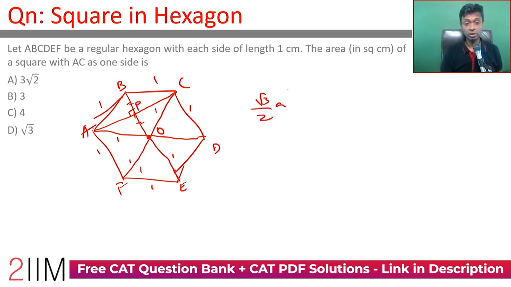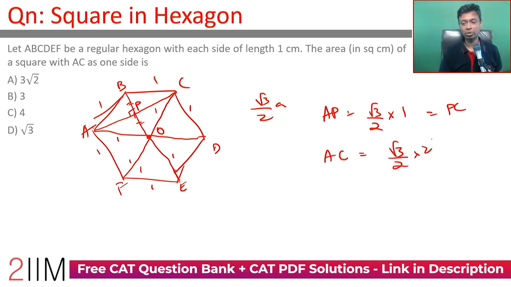So we call this P. So AP equals root 3 by 2 into 1, which is PC, or AC measures root 3 by 2 times 2, which is root 3 centimeters. Area of a square with AC as one side, if root 3 is one side, root 3 into root 3 is 3. This will be the area.